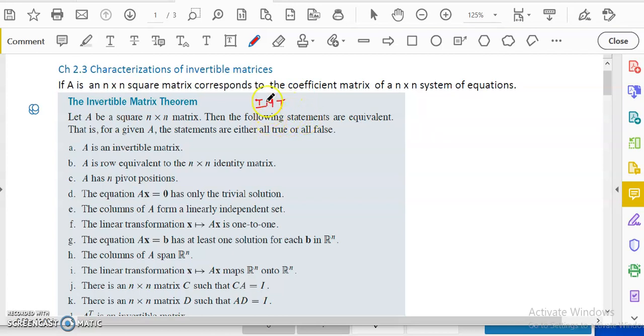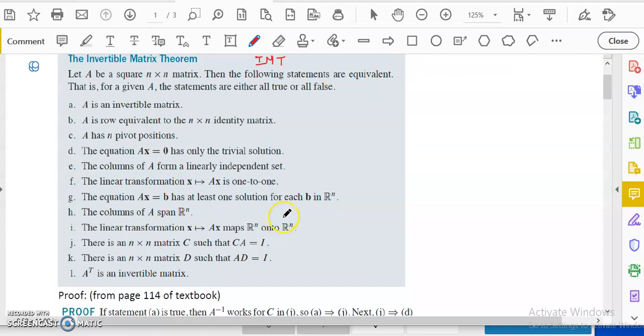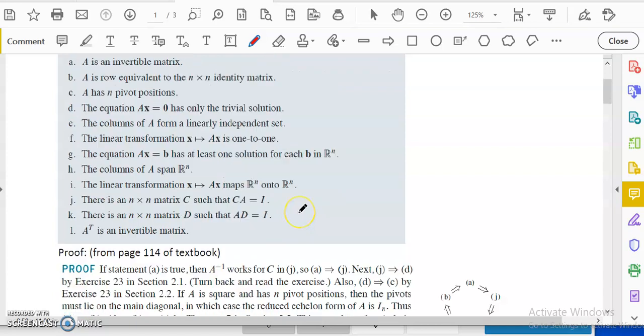We learned about matrices, vectors, and transformations, and this theorem says that if you know the coefficient matrix of a linear system, which is equivalent to the standard matrix of a linear transformation, then a lot of things tie together. They're all equivalent, especially if it is invertible. The opposite of IMT also says that if one of them is not true, then none of them is true, so you can use the negation to know a lot about transformations and everything.